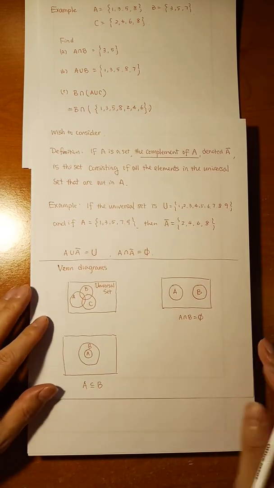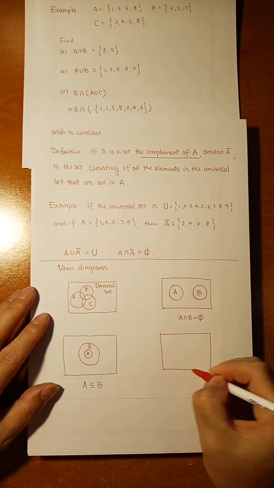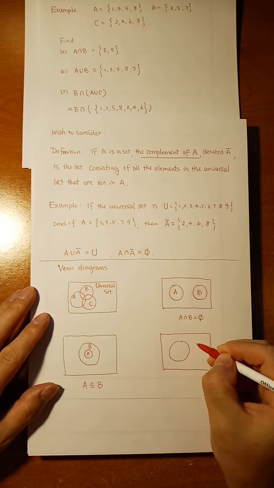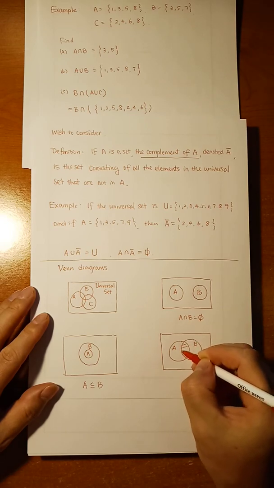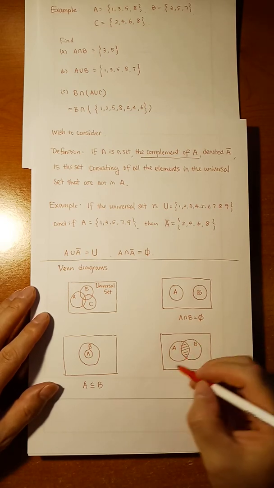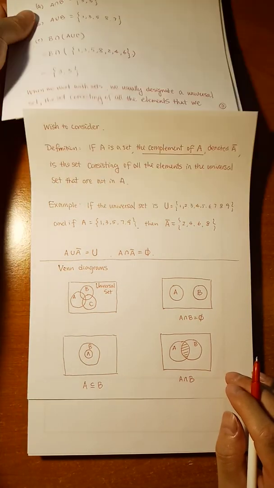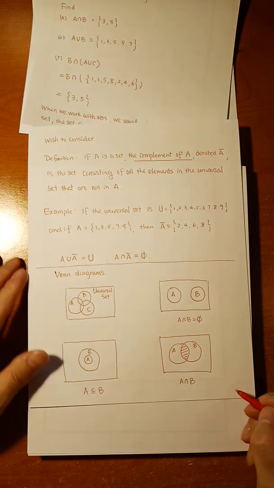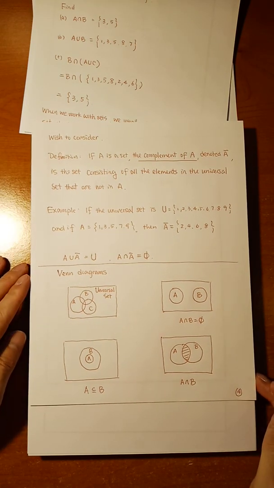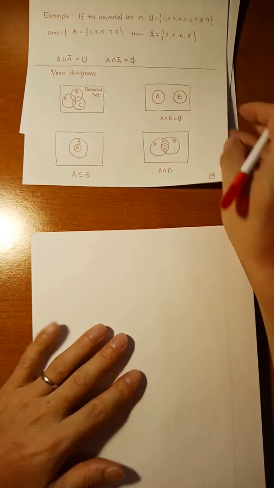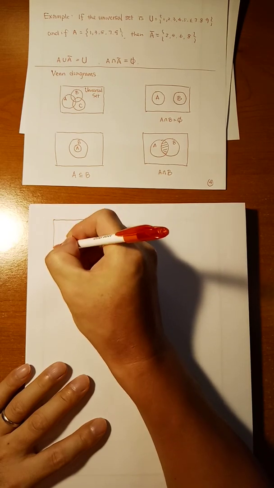And what is the intersection? You have set A, you have set B, and this is the intersection. It's the overlapped region, A intersect B. Right? And let's see what a union is with the Venn diagram.